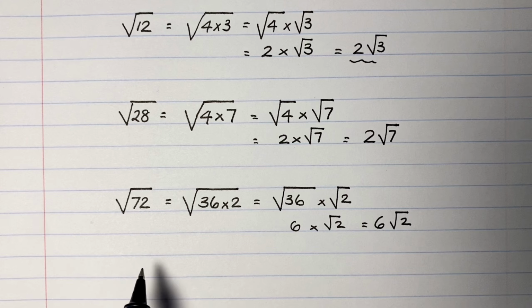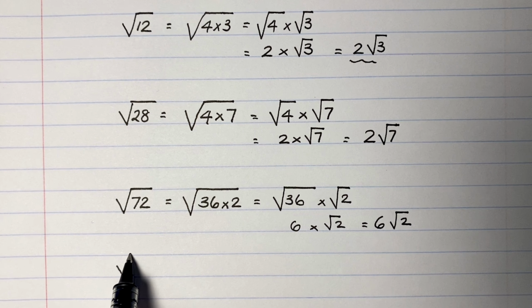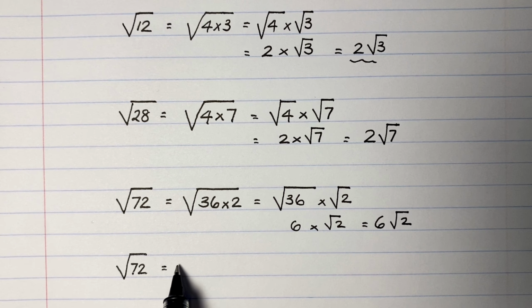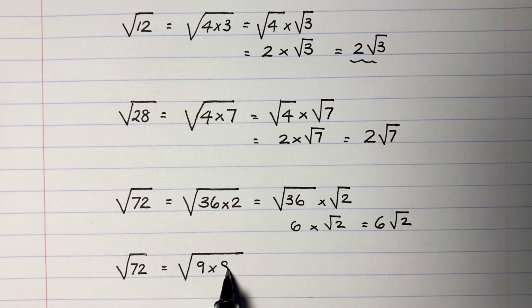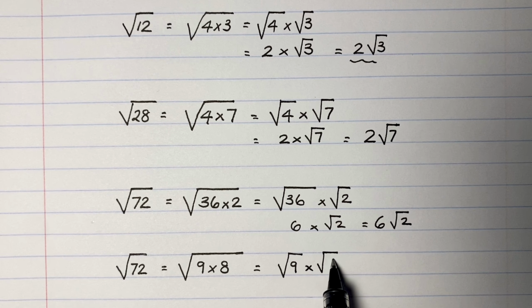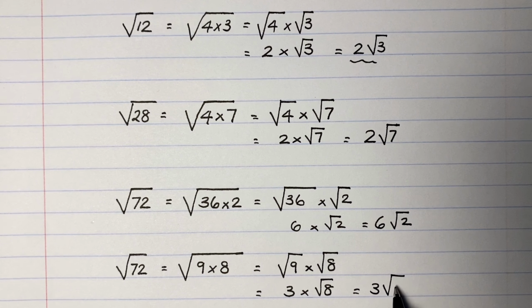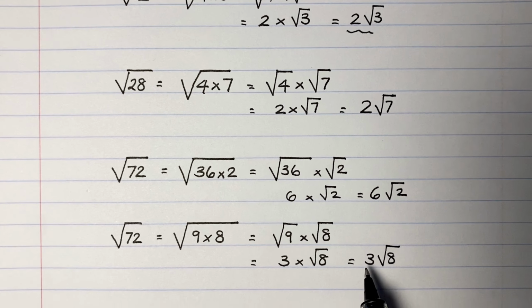Let's do this question the long way. You always get the same answer, but with more effort. Say, for the sake of argument, we said 9 was the square number. Nothing wrong with that. So I'm going to split this as root of 9 times root of 8, which is 3 times root 8. But you can see 8 still can be simplified.